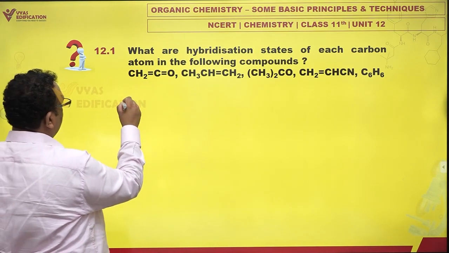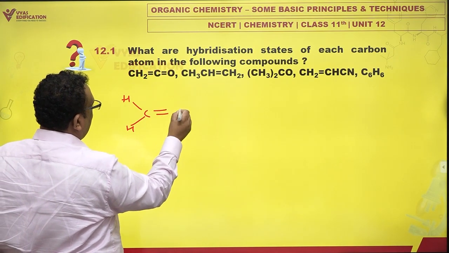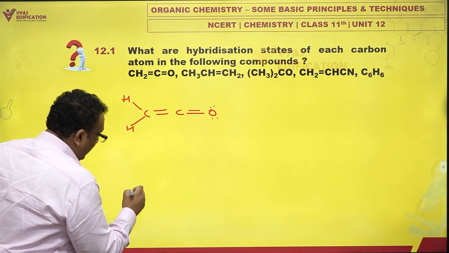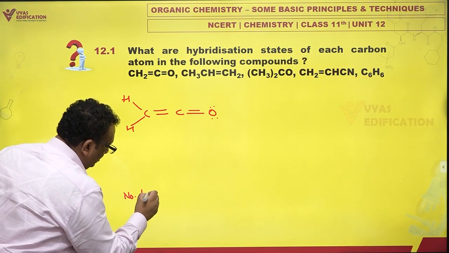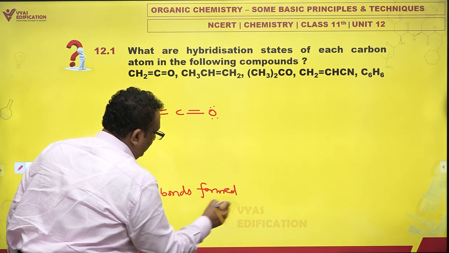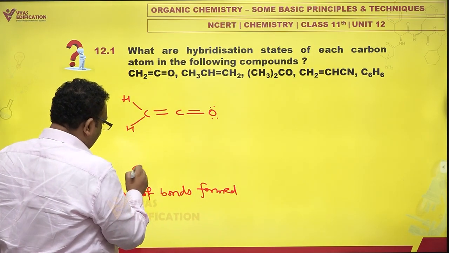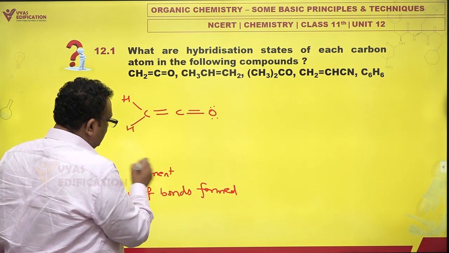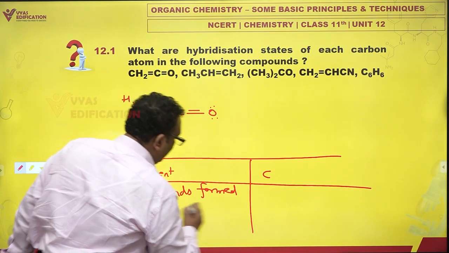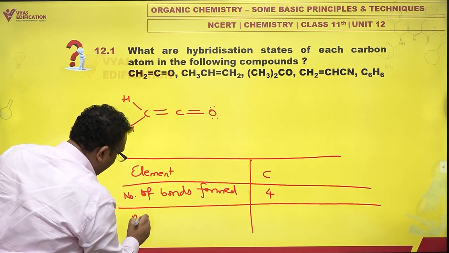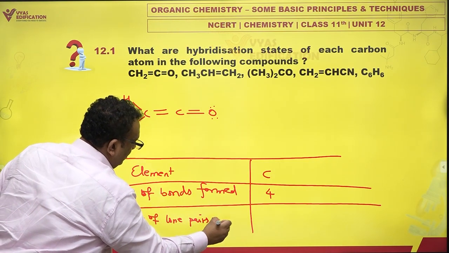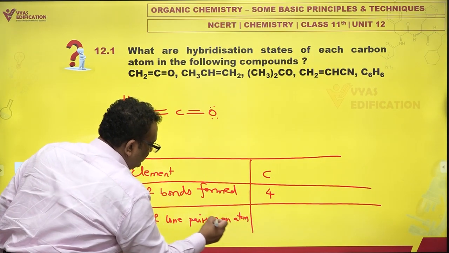CH2=C=O, H-C-H, double bond C, double bond O. Let us not forget a simple table: element, number of bonds formed, and number of lone pairs on an atom. In organic compounds, carbon would have 4 bonds. It's a very useful table.